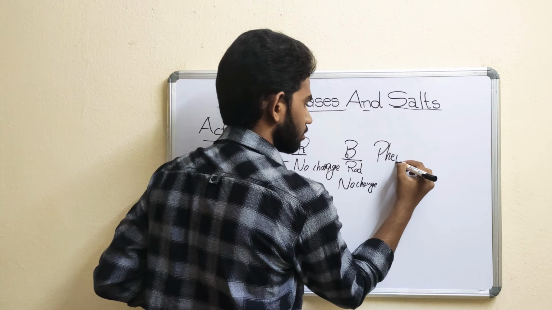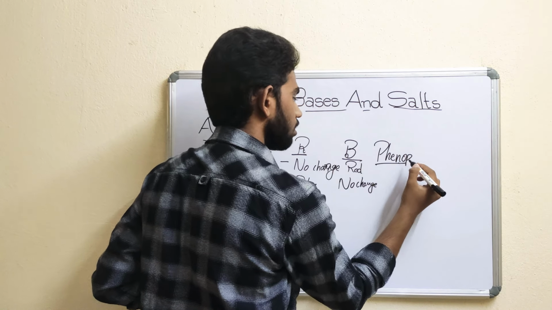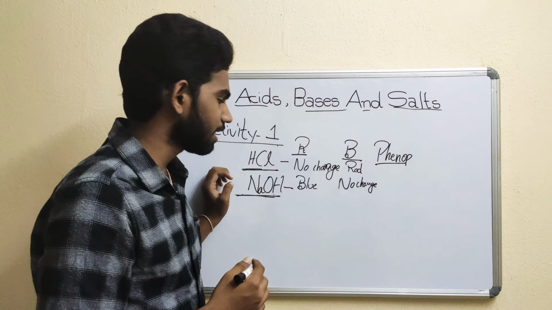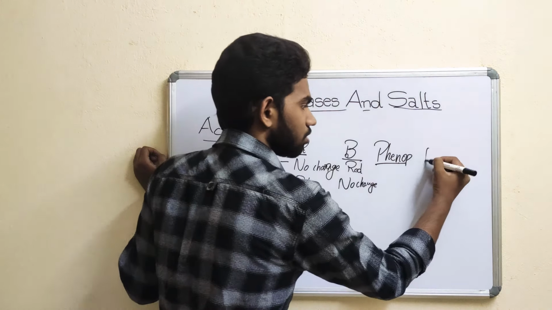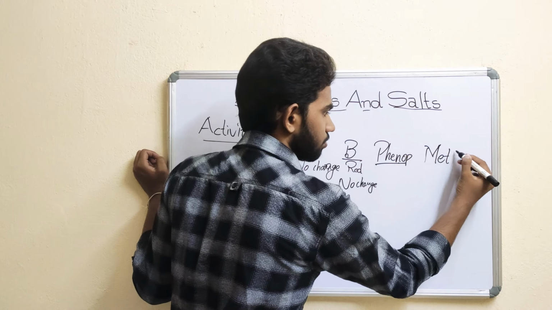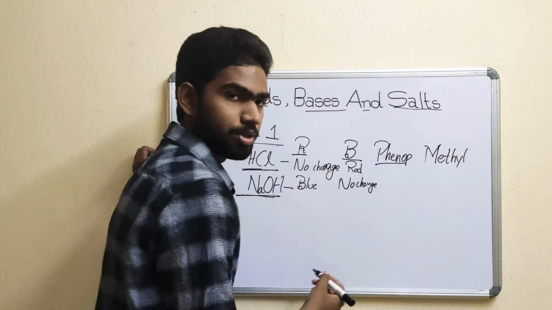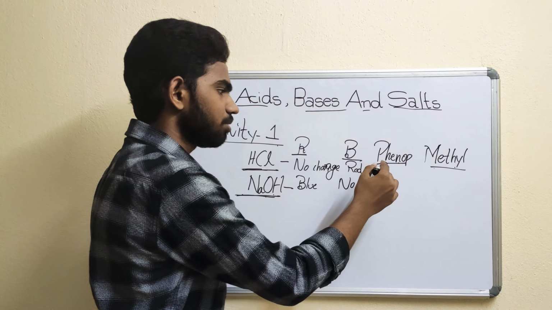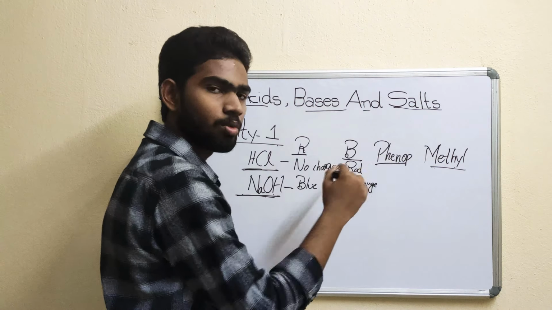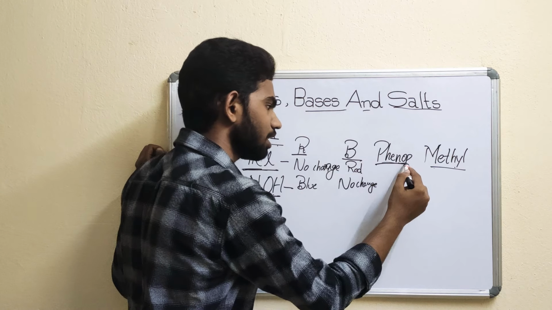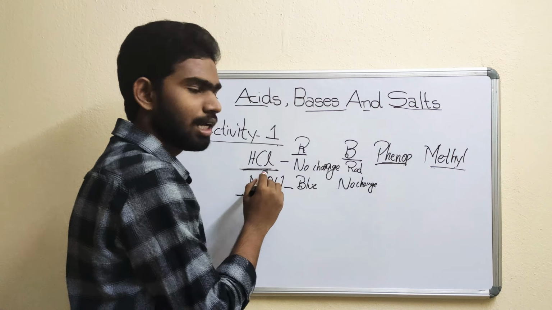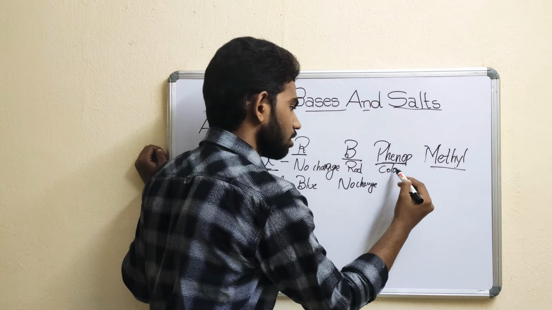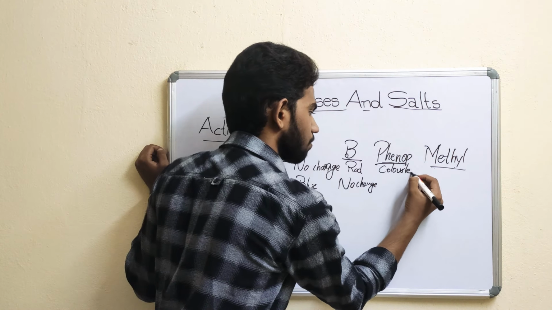Phenolphthalein indicator is a synthetic indicator. It is used widely, and methyl orange also. When we add a few drops of phenolphthalein indicator to HCl, as it is an acid, it becomes colorless.